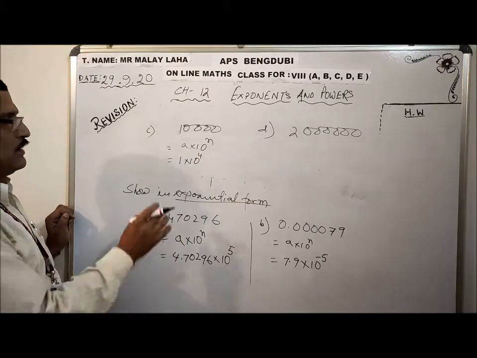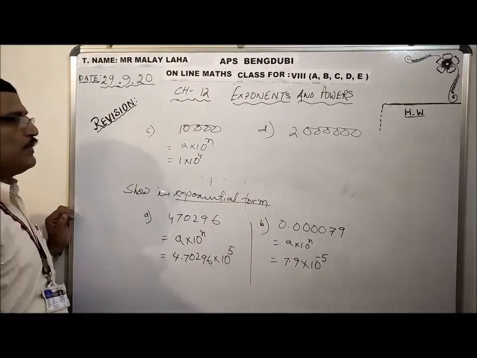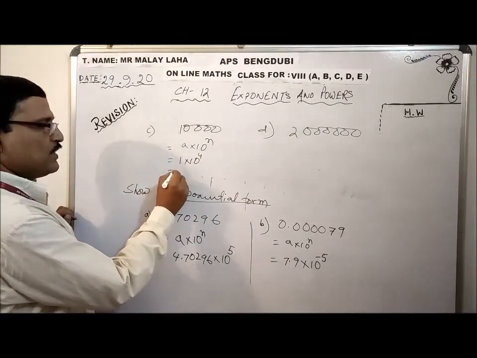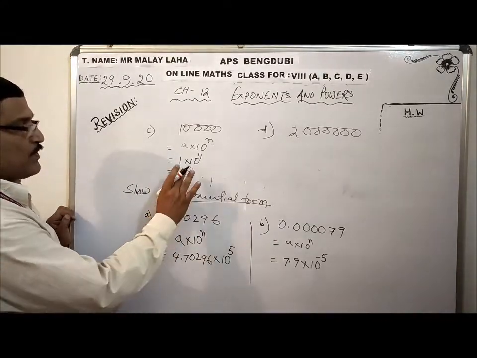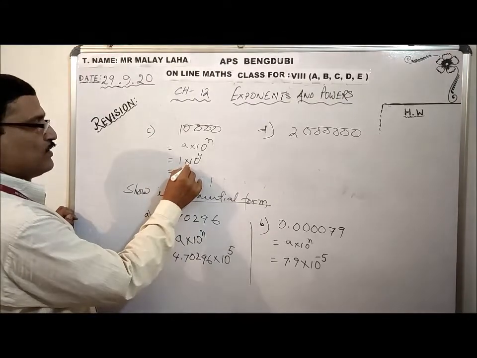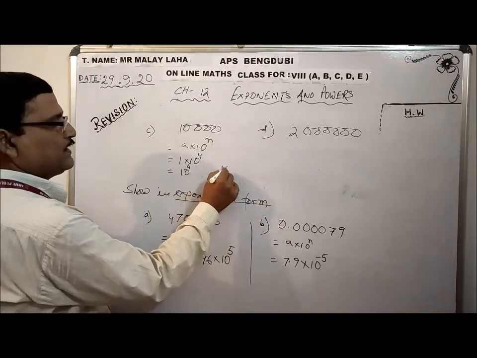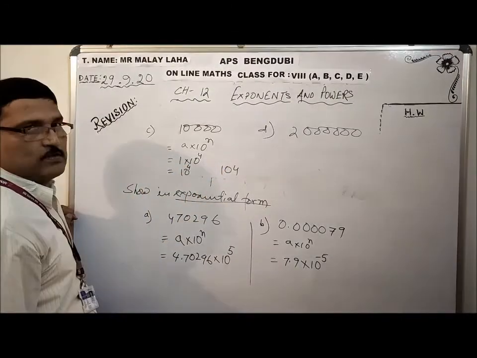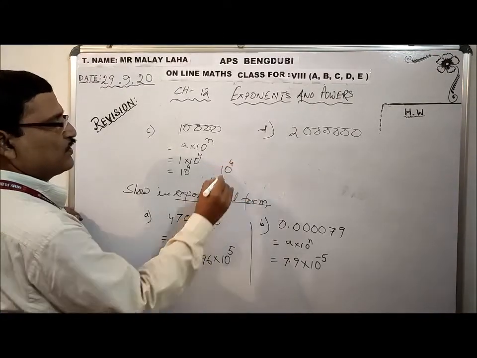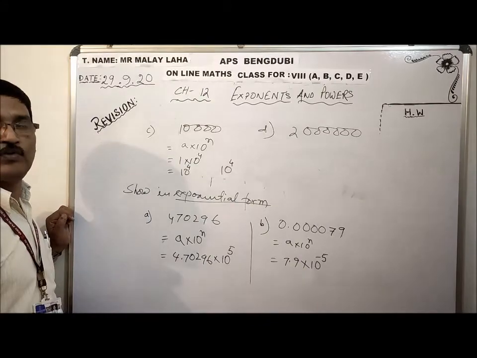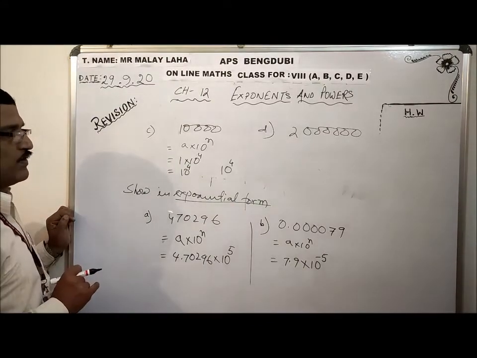When the digit is 1, no need to write it down. If it is more than 1, then only you write it down. So 10 to the power 4. Sometimes students write 10 to the power 4 as 104. The power should be on the top, in a little small font.